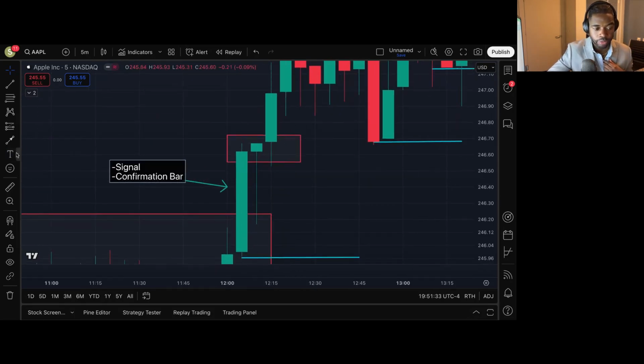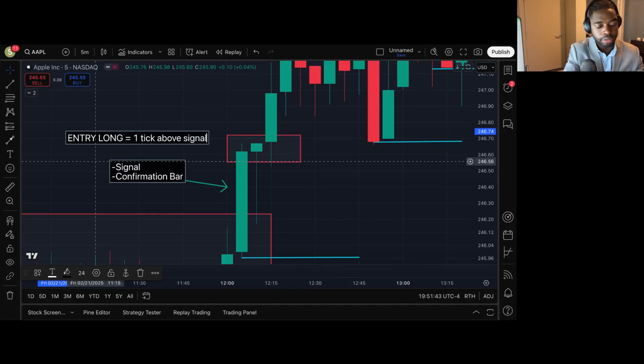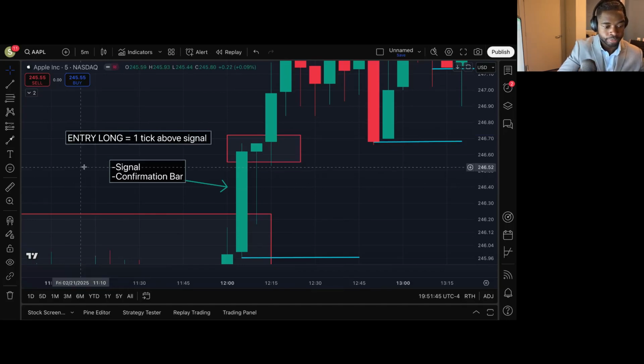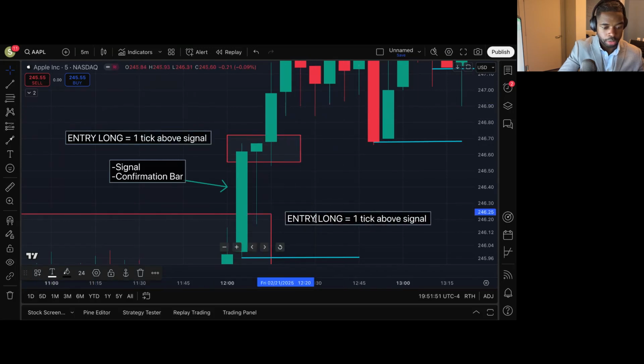So you enter your entry long. Entry long is always going to be 1 tick above your signal. And then your stop loss for long is going to be 1 tick below.